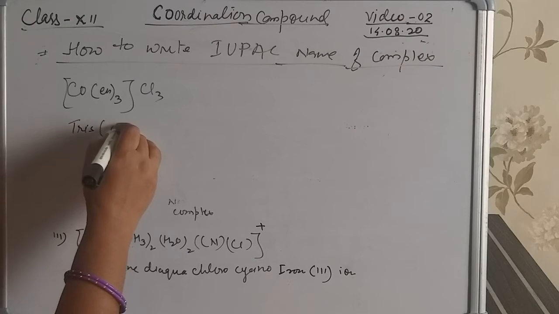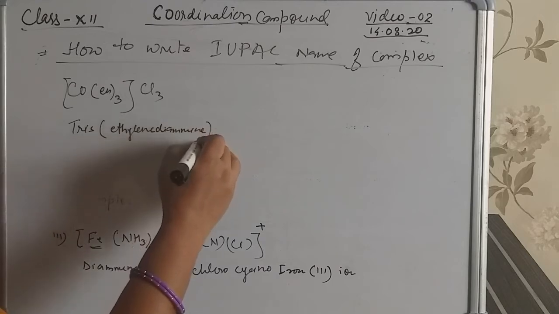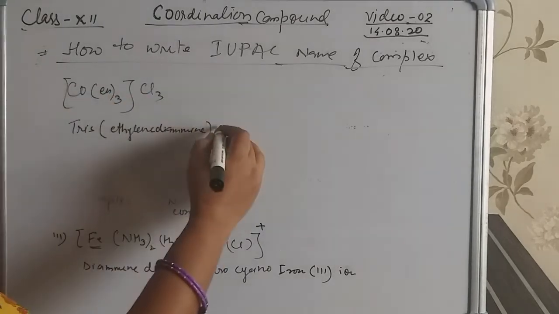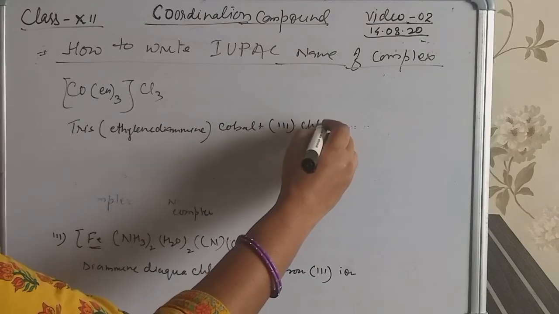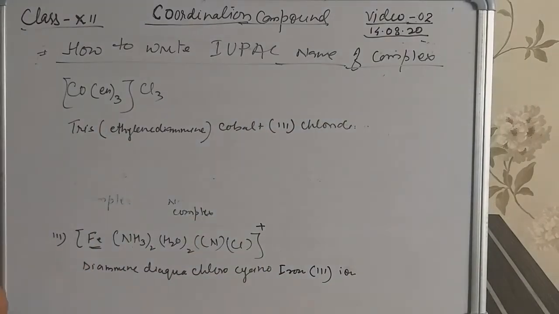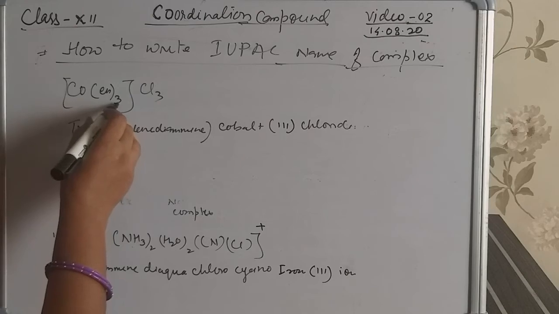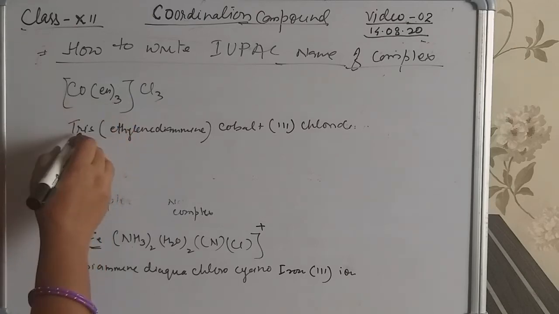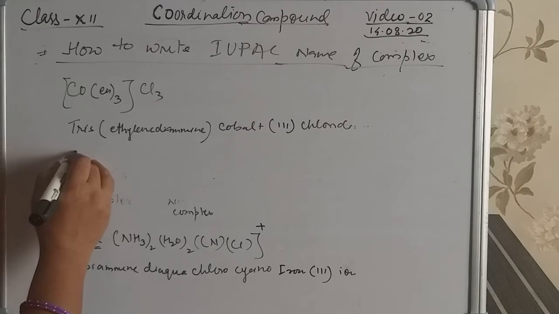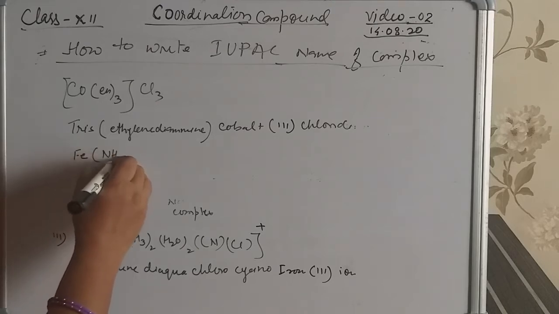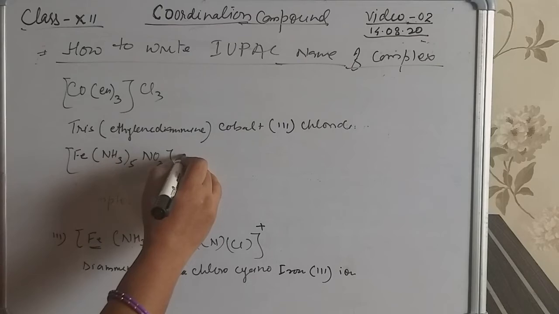Tris means ethylenediamine: tris(ethylenediamine), then central metal cobalt, then oxidation number in Roman numerals, chloride. For 2 we use bis, for 3 we use tris.